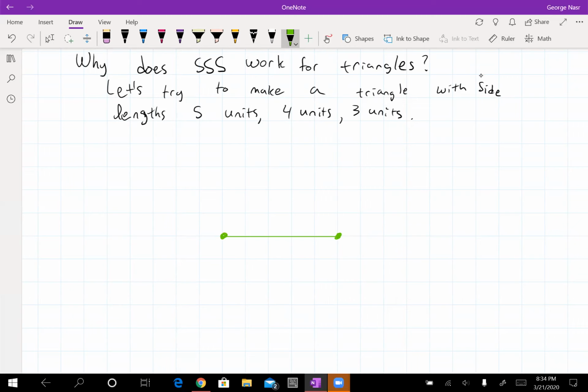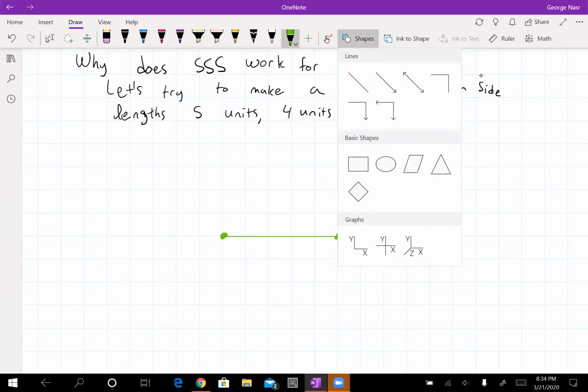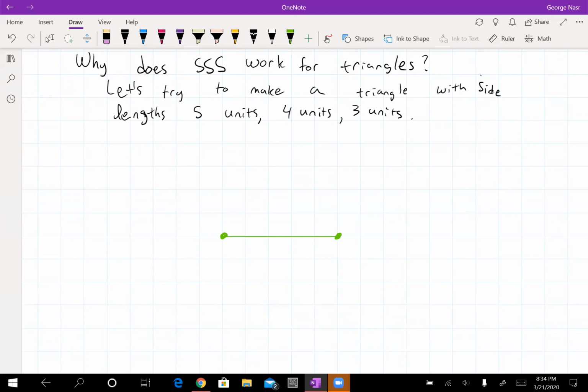And now, how do I figure out how to construct a circle so that the other two side lengths are 4 units and 3 units? This should start feeling like one of our learning objectives. In fact, it's learning objective 2. Using a compass, which I don't have, but I can use circles, because circles are doing what compasses do.